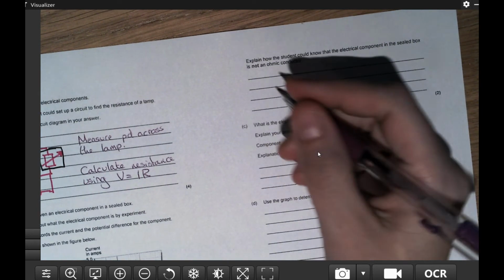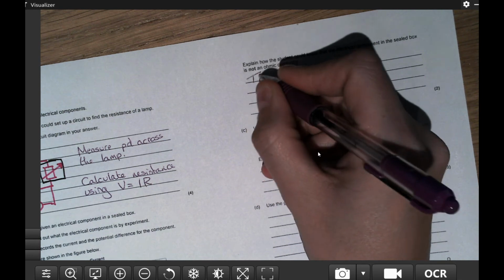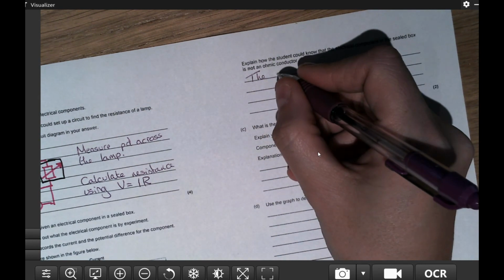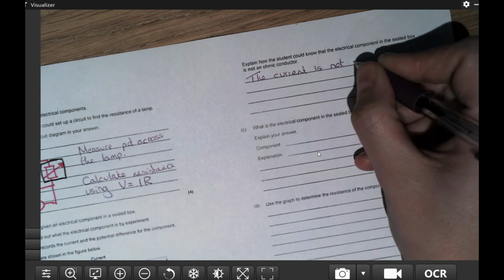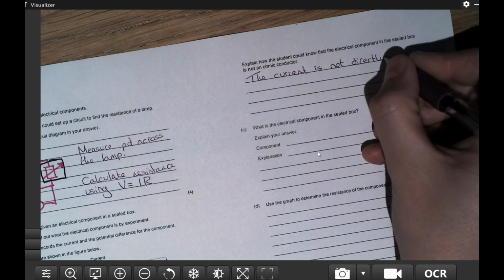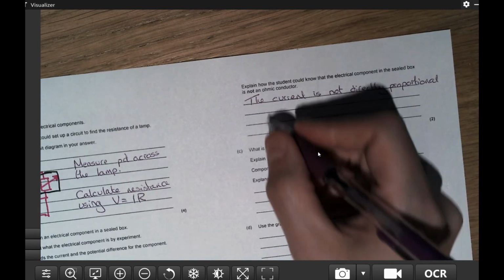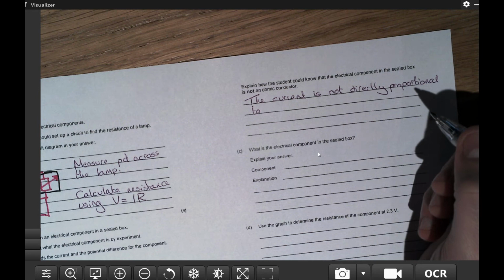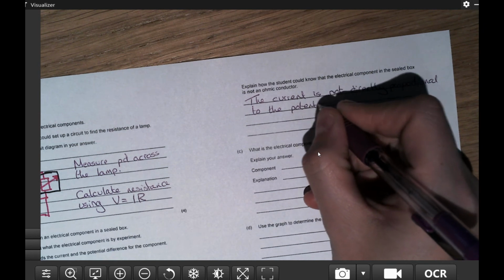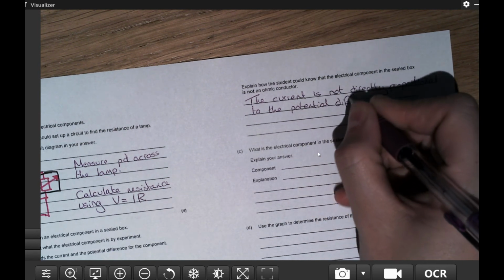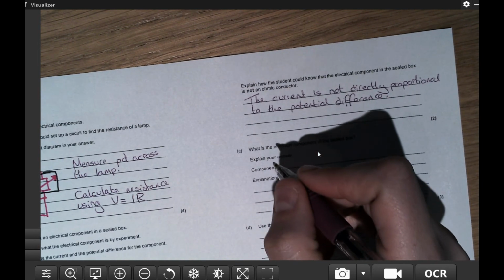Oh, you can't see. It zoomed in, actually. That's better. And the reason behind that is that the current is not directly proportional to the voltage, and it would be in an ohmic conductor.